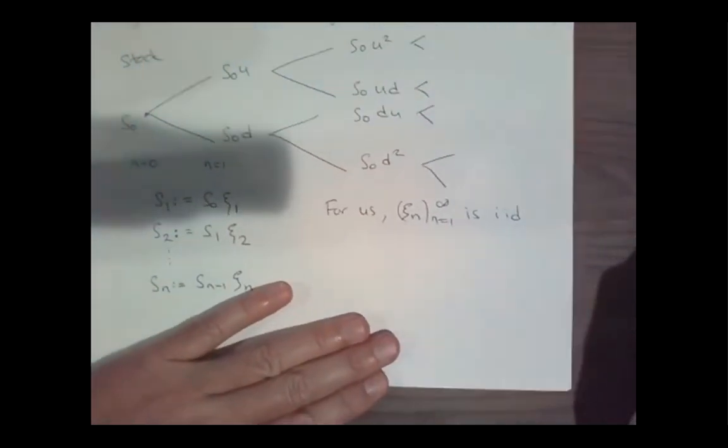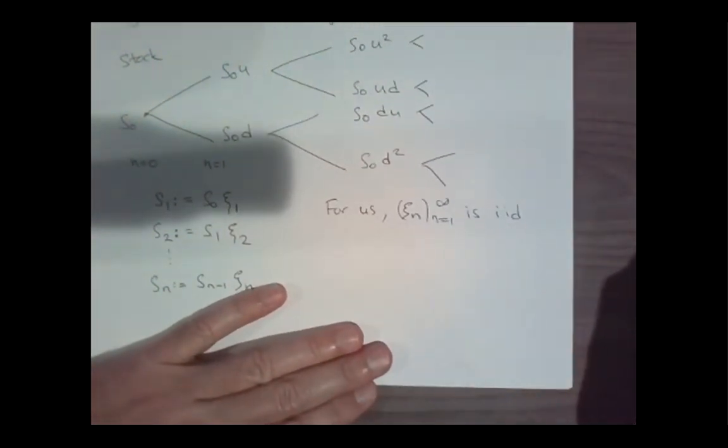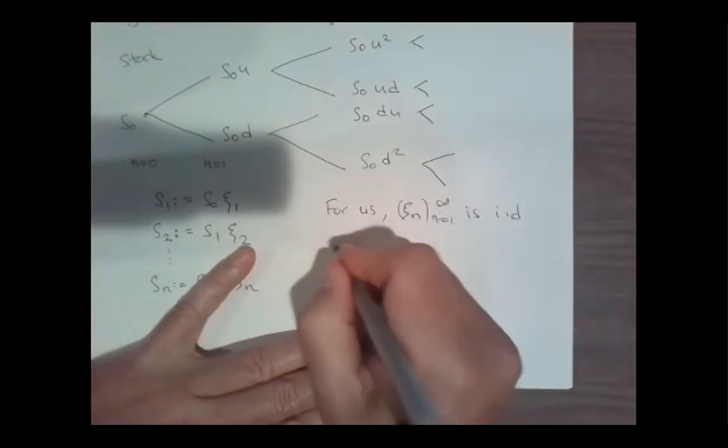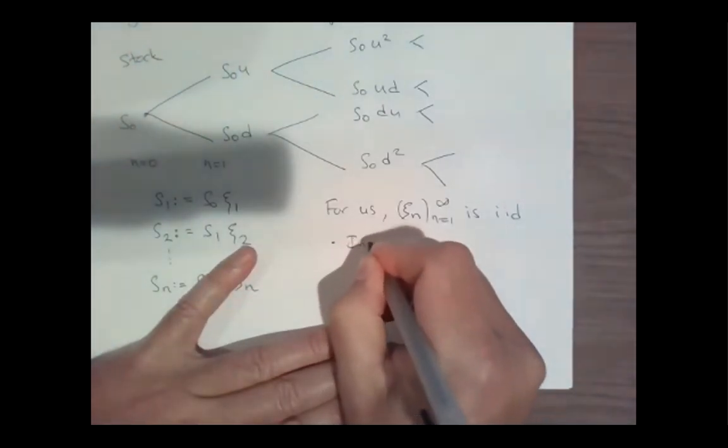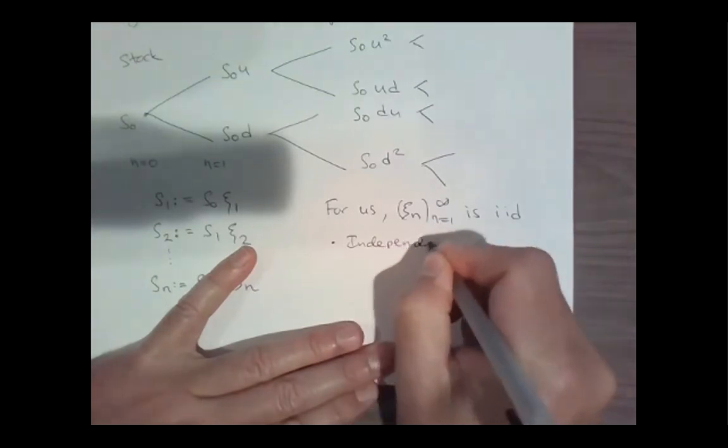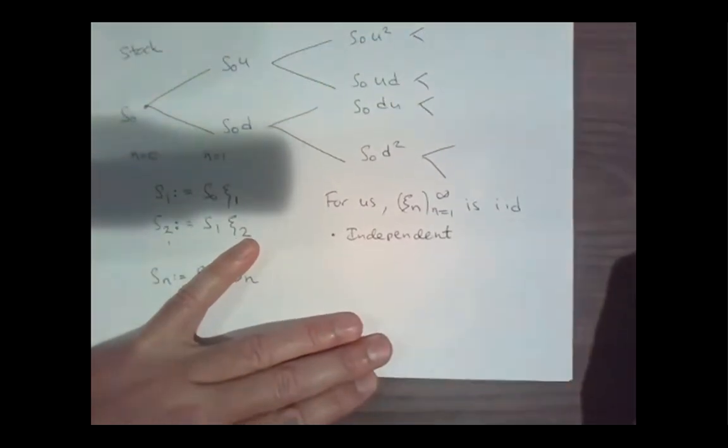So we need to know what IID means. It means independent and identically distributed. So the independent: what does that mean?